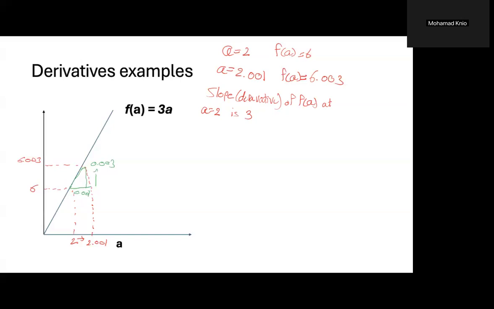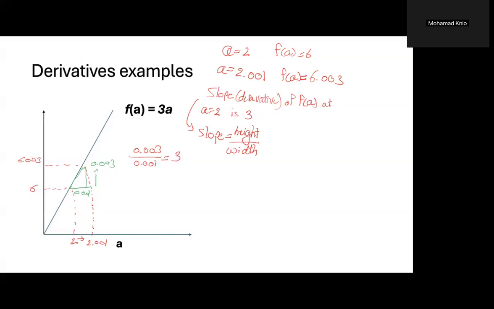But more formally, slope is the definition of height over width, as you can see from the little triangle that we have here. 0.003 over 0.001, we will have 3.